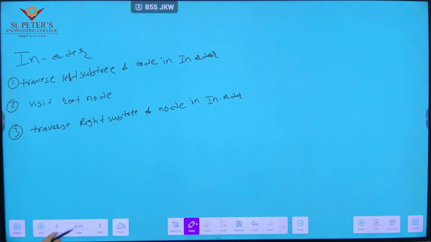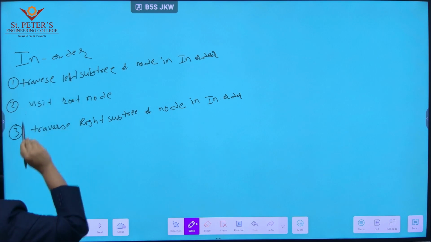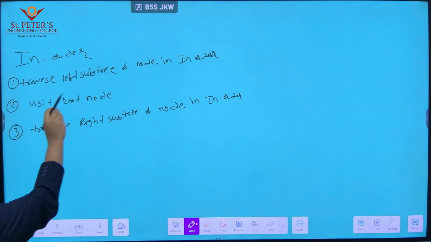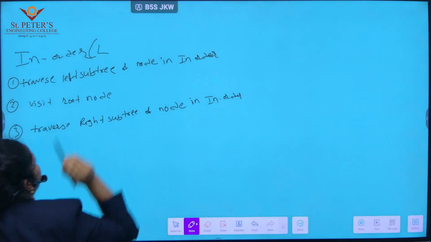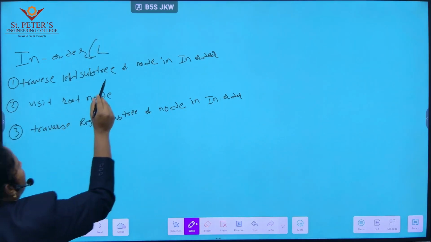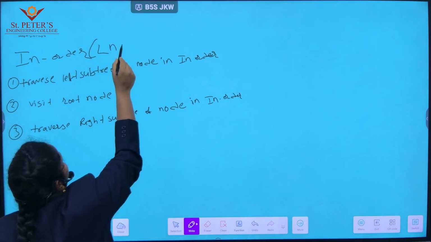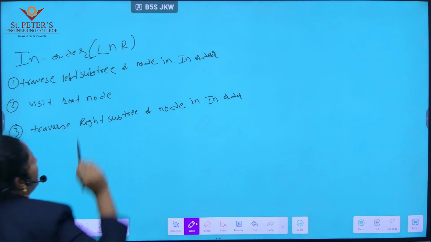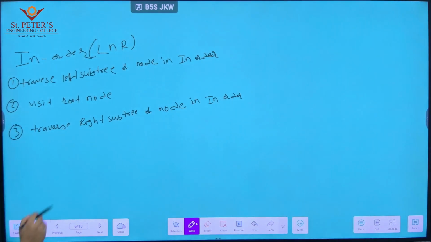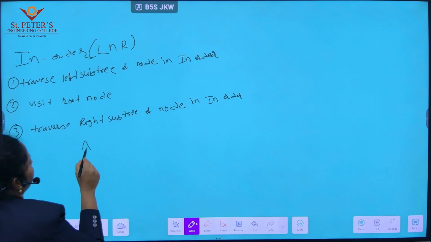Here I am taking the same example. So in order, what are the three steps here? First, traverse the left subtree L, okay, next visit the root node N, and next traverse the right subtree R. L, N and R. So we have to apply these three steps on each and every node in a tree diagram.